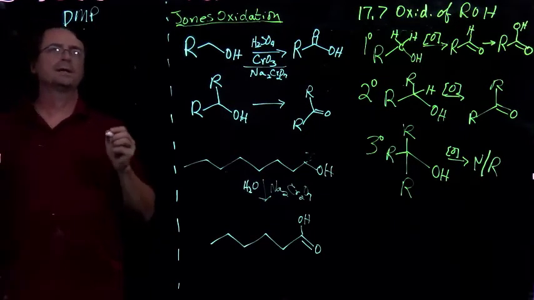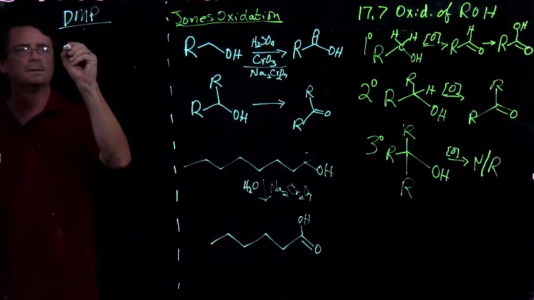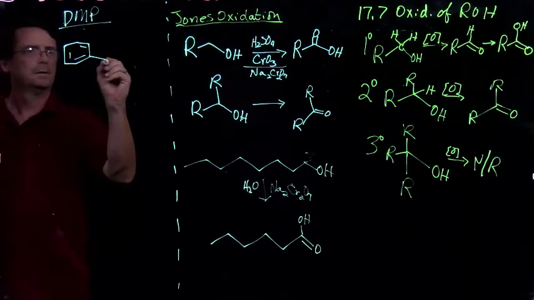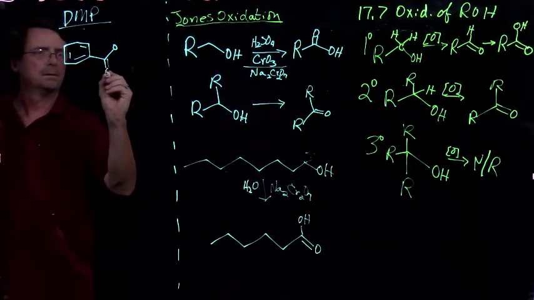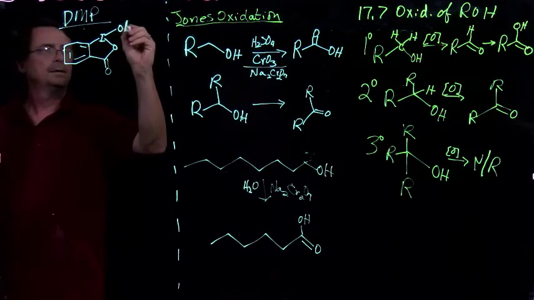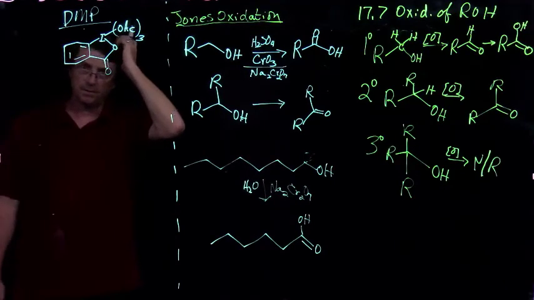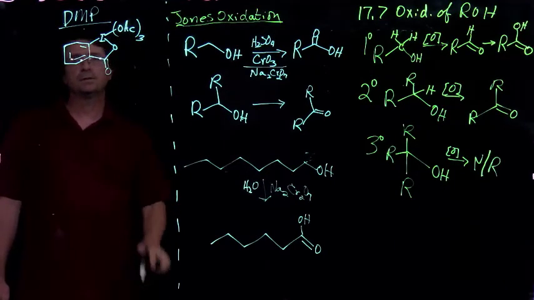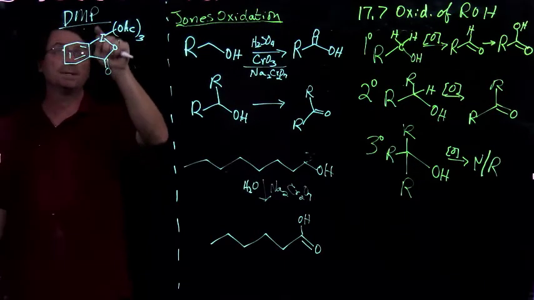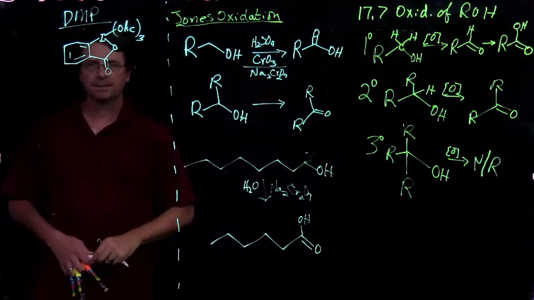That stands for Dess-Martin periodinane and has the chemical structure, and then this iodine has 3 more acetates attached to it. So again, we can use abbreviations, DMP for Dess-Martin, the two scientists who discovered and developed it, periodinane. This is a hypervalent iodine species.